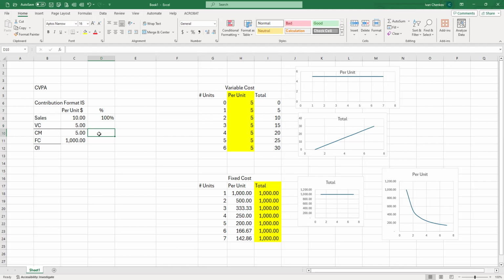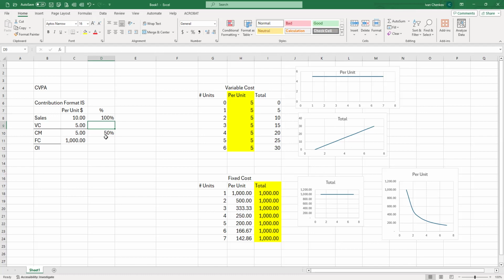If we sell $1, how much of that dollar is going to come into the company? Well, we can easily calculate it. The contribution margin divided by sales, $5 divided by $10, and that's going to give you 50%. So what that means to you is that for every dollar that you sell, 50 cents is going to come to you.